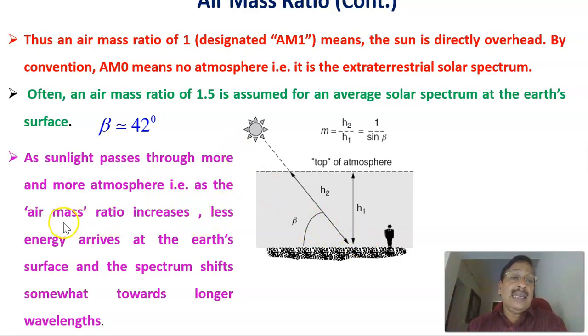Therefore, as the air mass ratio increases, less energy arrives at the Earth's surface and the spectrum shifts somewhat towards longer wavelengths. That is the effect of air mass ratio.